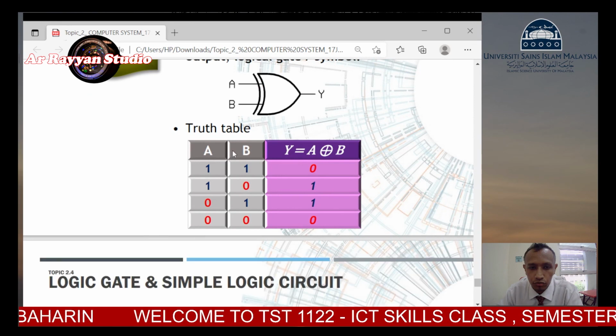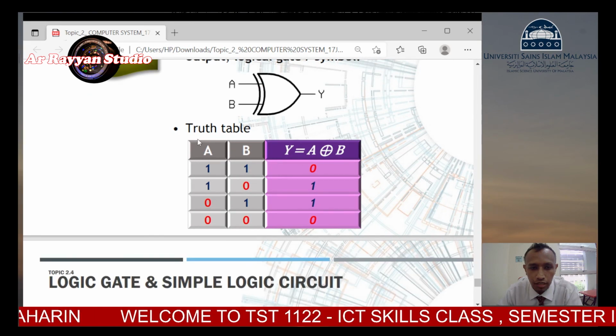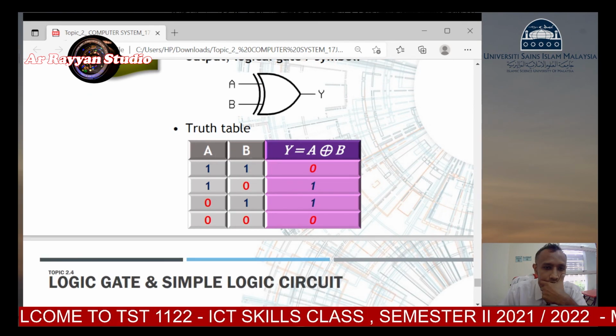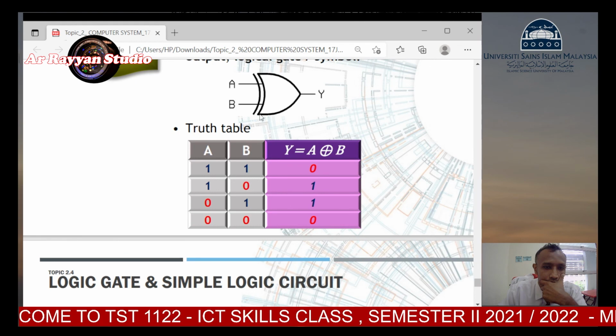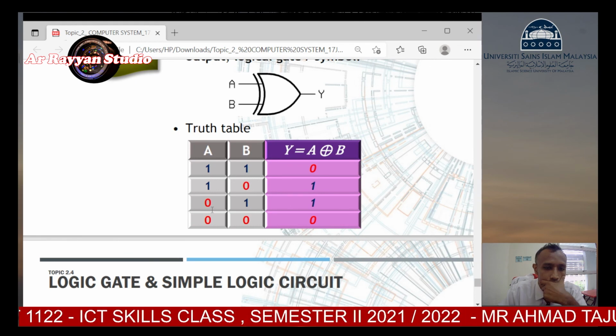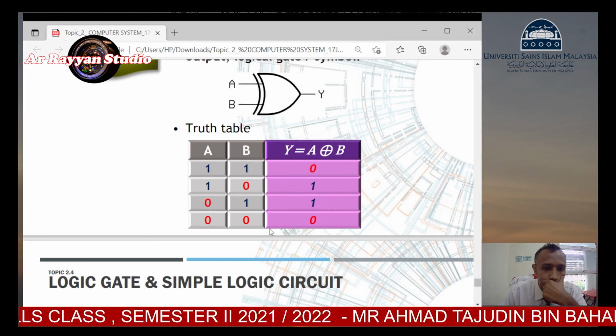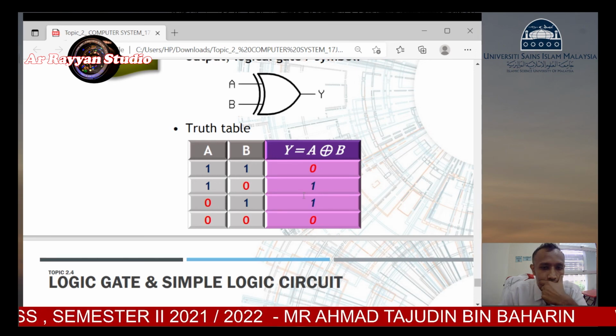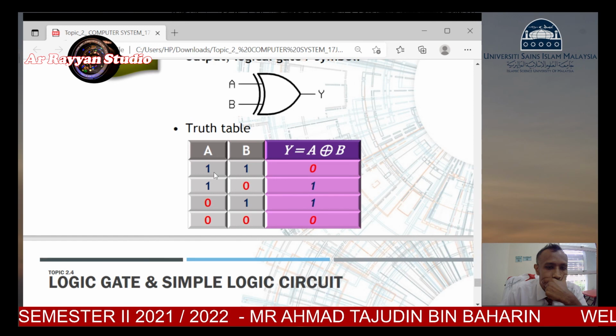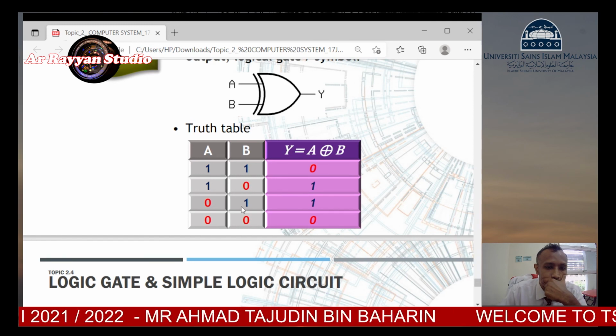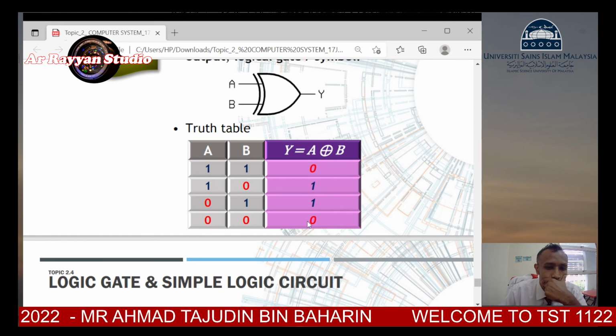Okay, the truth table. How they do in the truth table? Okay, we have A and B, 2 input. 1 1 0 0, and then we have B 1 0 1 0. So A XOR B: 1 1 become 0, 1 0 become 1, 0 1 become 1, 0 0 become 0.